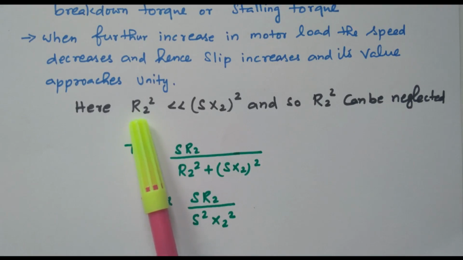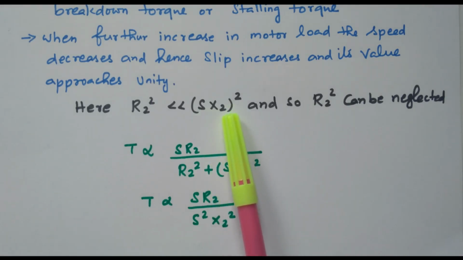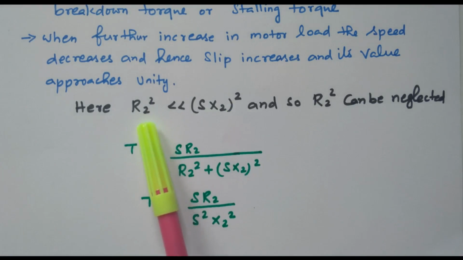In the previous case we neglected the reactance value, now we can neglect the resistance value because S is approaching 1, so this value will be more. In the previous case S is very small, while squaring it becomes very small, so we could neglect that term. Now, S is equal to 1, so X2 square is more than R2 square, so we can neglect this R2 square.